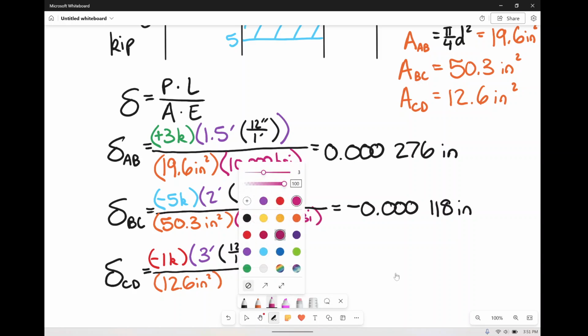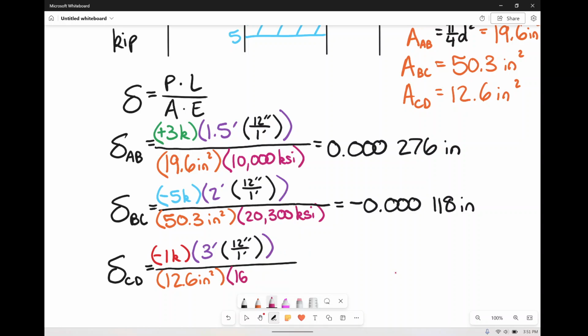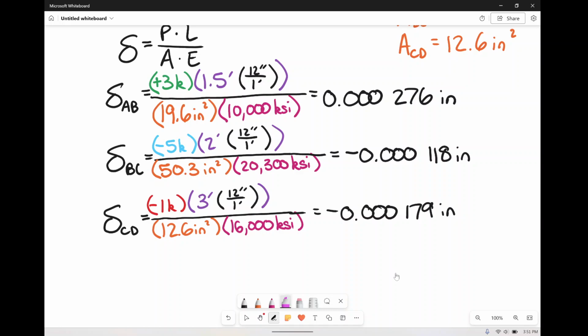And then lastly, the modulus of elasticity for copper, which we said was 16,000 KSI. Ta-da! So what are we going to get again? Because we have that negative in the front, we are going to get a negative value. So we have negative 0.000179 inches. And you might notice that I leave a little gap in my numbers here, and that's just to help you see how many zeros there are. Do it every 3, the same way you would a comma.